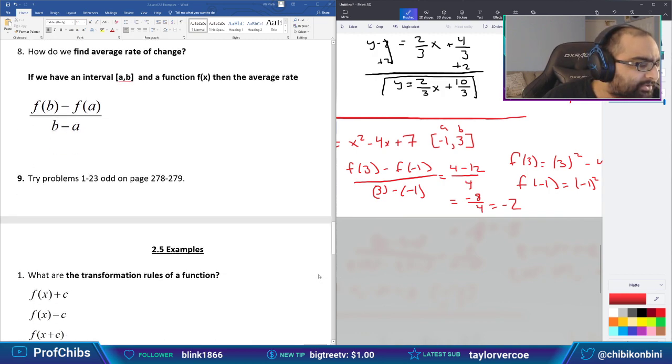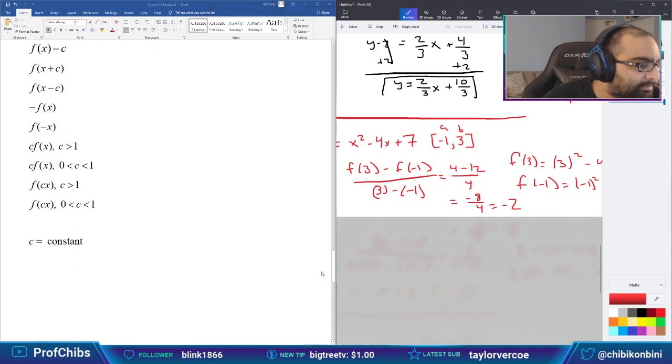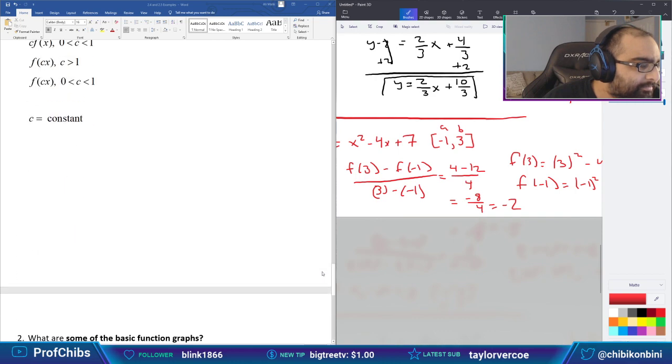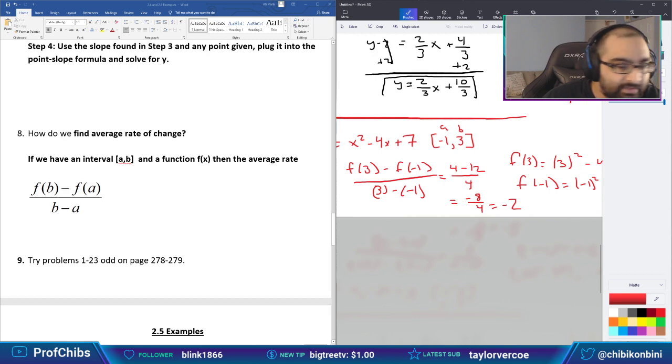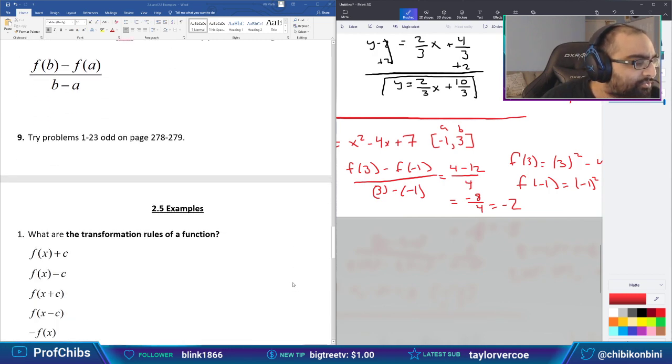Okay, now the next one here doesn't take a super amount of time, but let me ask you guys a question. We could go into the next section here, 2.5, which talks about transformation rules of functions.